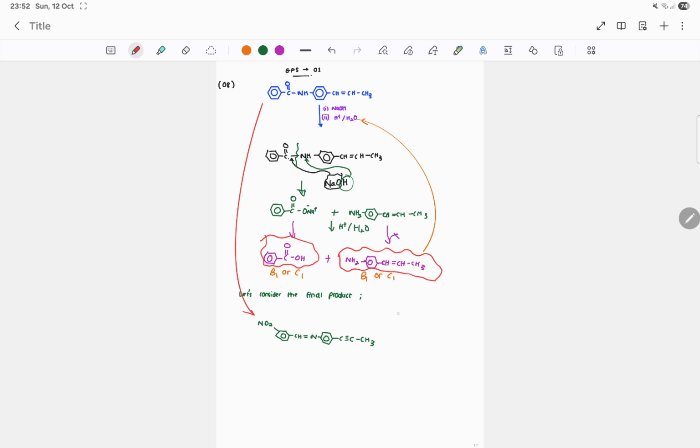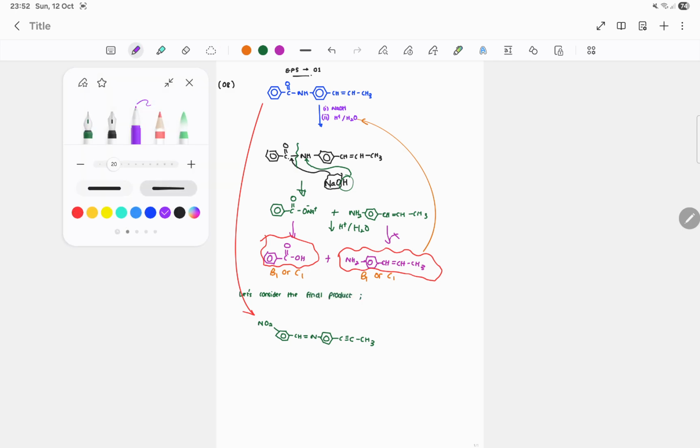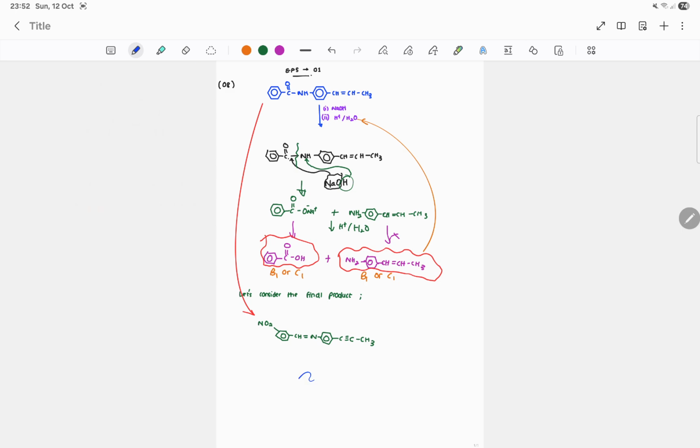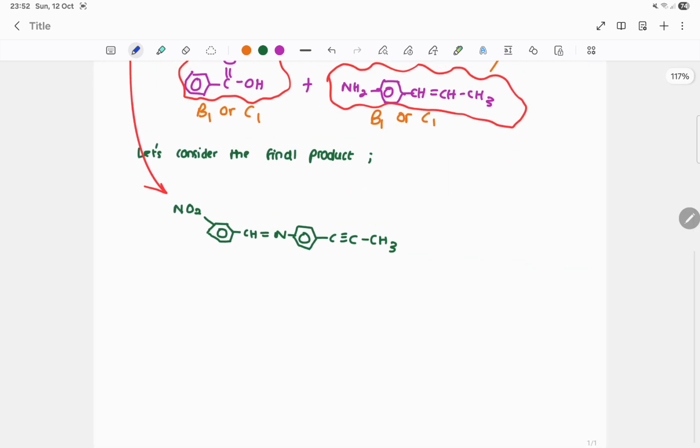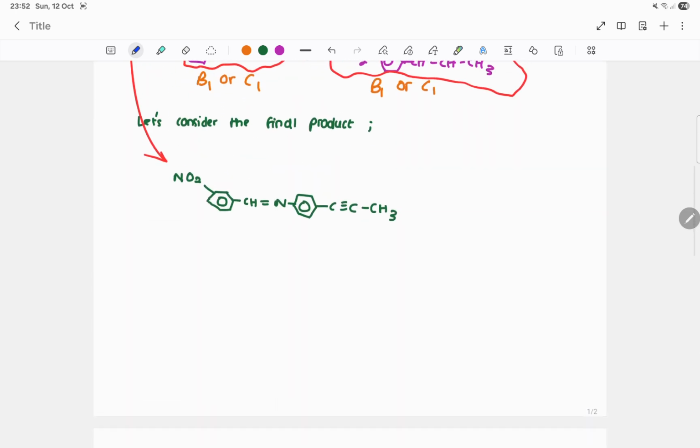Now for NH2, Lamai, this is the theory. I select blue color. The theory is for an aldehyde. Zoom in a little bit. I'll go to the new page.